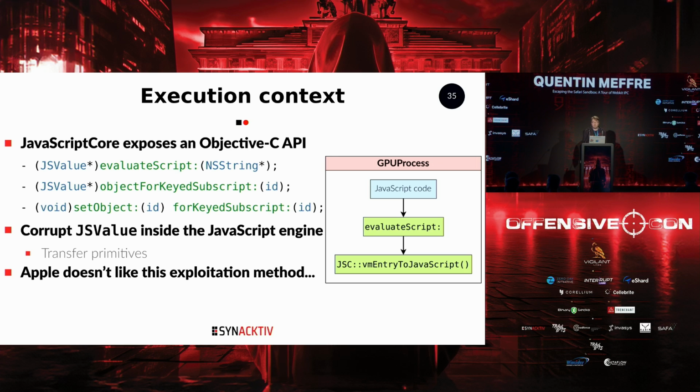This can be useful, for example, to corrupt some JS value inside the JavaScript engine and transfer your exploitation primitive to the JavaScript engine. But of course, Apple does not really like this exploitation method. Spawning a JavaScript engine into a process that does not need to execute JavaScript code is indeed not a good idea.